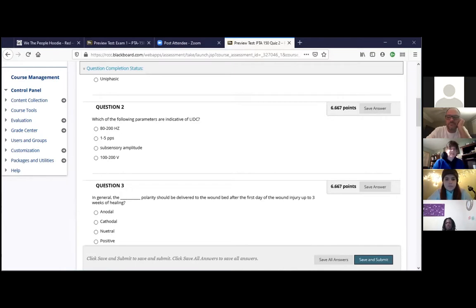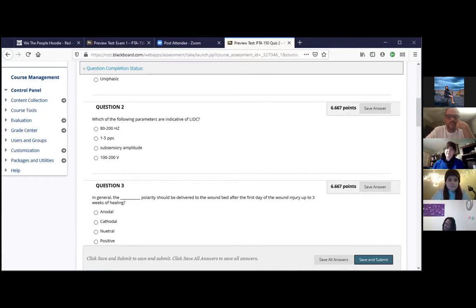So right now, those first 2 are dealing with interferential current. So we know we're not talking about low intensity, right? So we've ruled those 2 out. So now we're just between subsensory amplitude and the 100 to 200 volts. Which one is it? Subsensory. Oh, the 100 to 200.